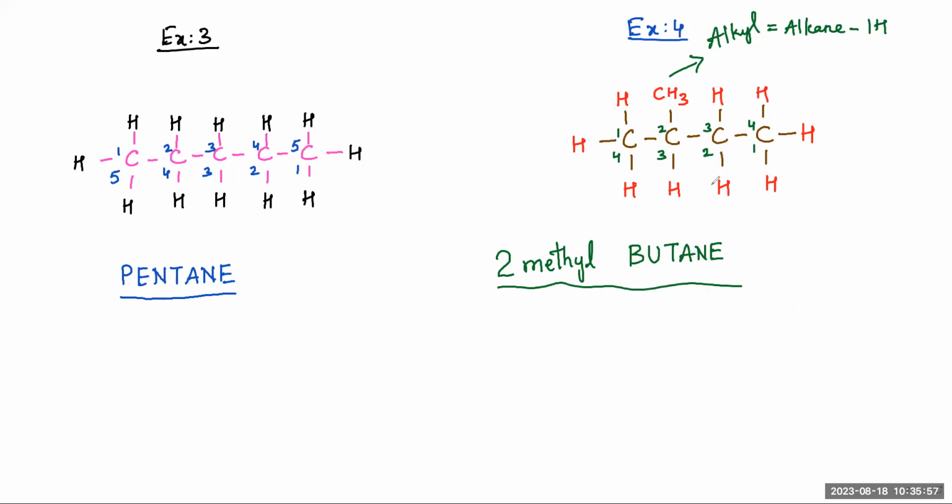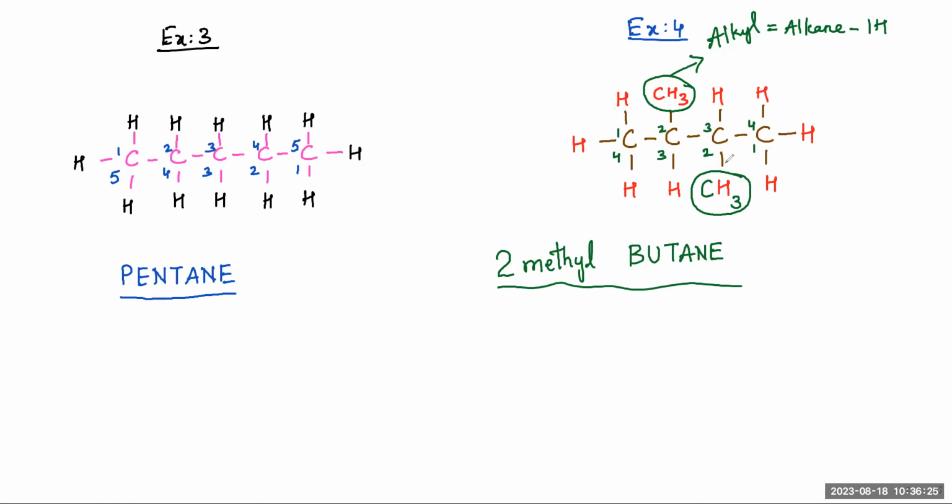Making a small adjustment in this example, if there is another CH3 attached here, now as you can see, there are two methyls attached in this structure. If I consider this attachment from the left side, the methyls are attached to the second one from the left side.